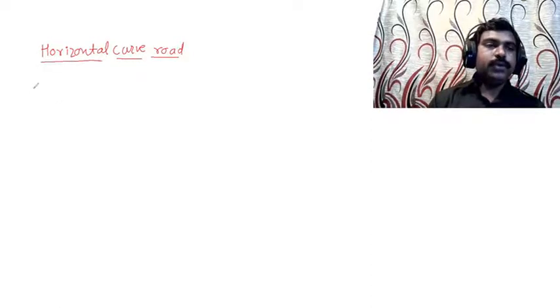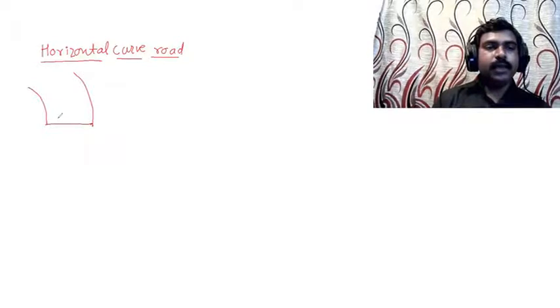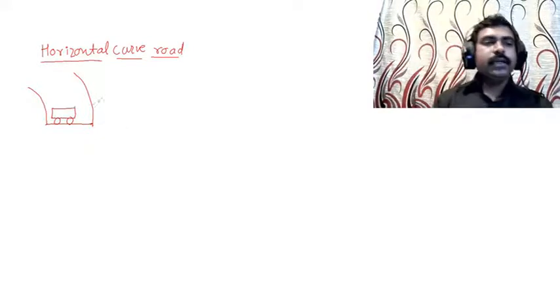So if the road is like this, but horizontal means none of the edges of this road is made higher. Okay, if suppose we place the vehicle here like this, this is a vehicle. Now see what the forces acting on this vehicle are.